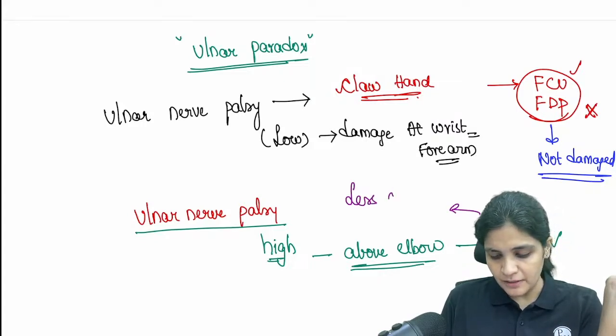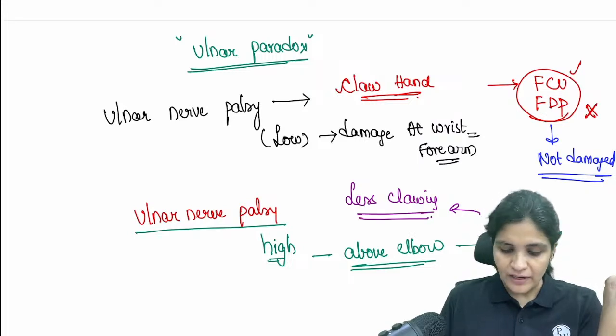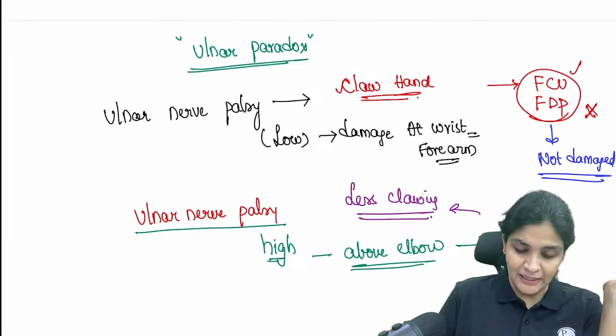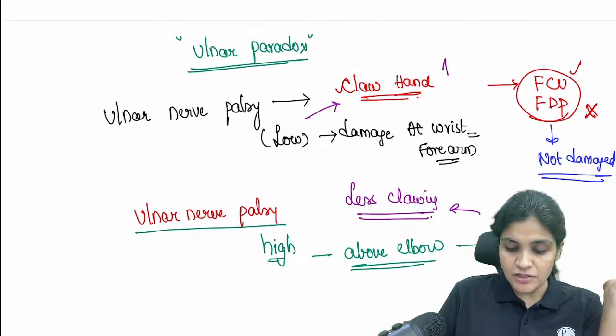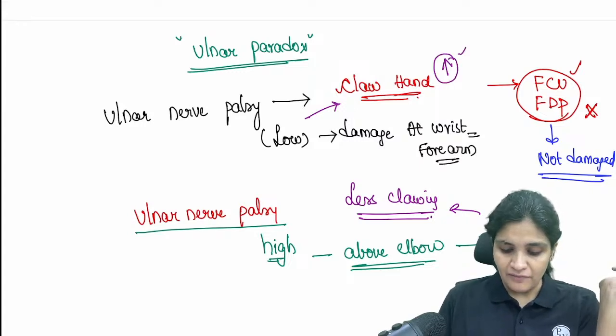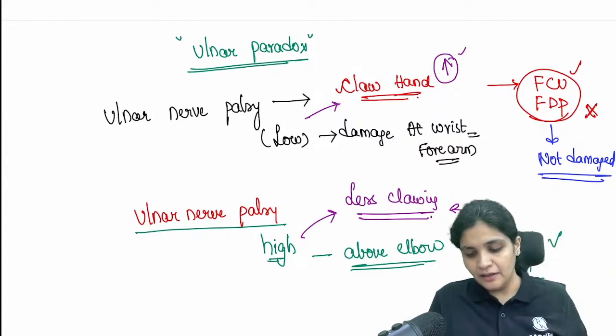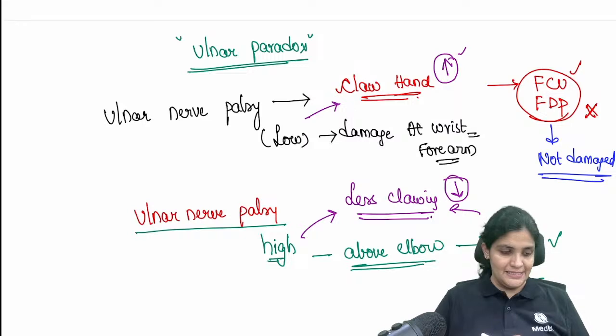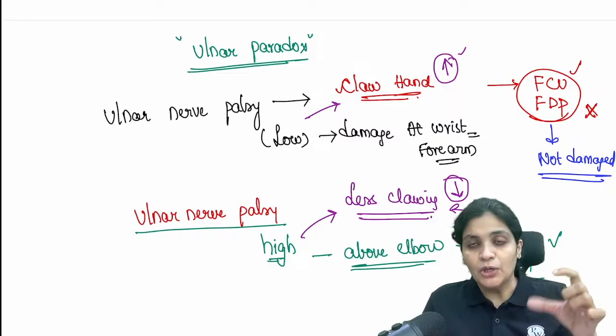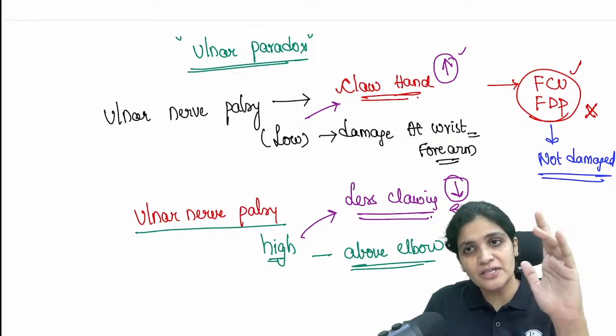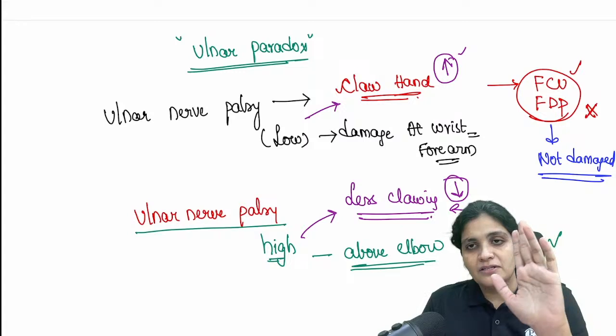Whenever it is low ulnar nerve palsy, clawing is more. Whenever it is high ulnar nerve palsy, clawing is less. That means whenever the FCU and FDP are damaged, you see something like this. There's not much clawing.